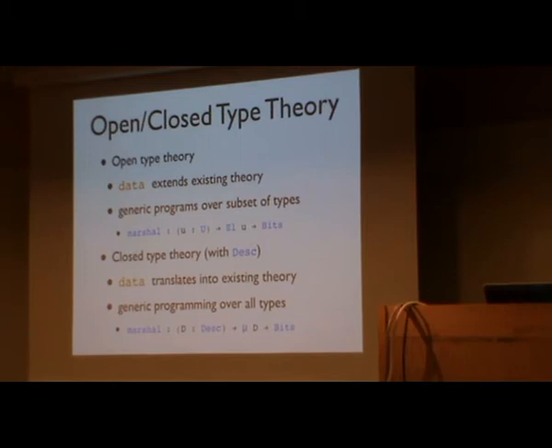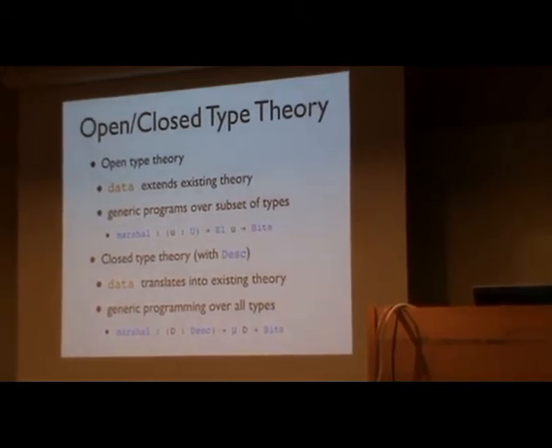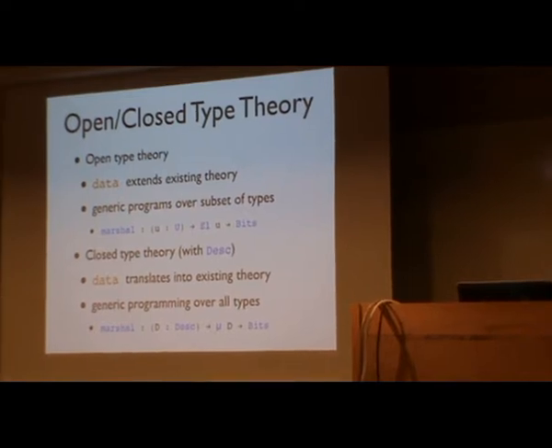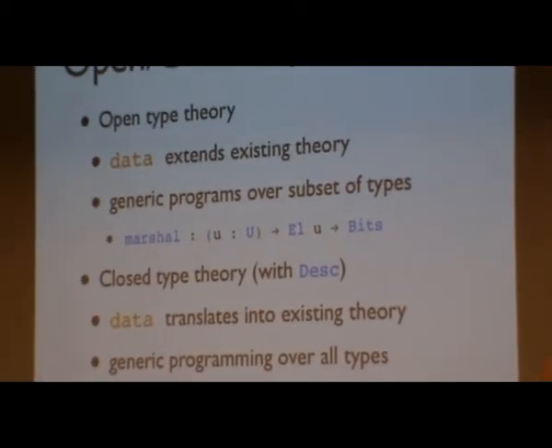And then within dependent type theory, you can write generic programs, for example, a marshalling generic function. So you define some subset of types U, where U represents codes for a subset of types, and then EL translates each code of a type into the actual types.